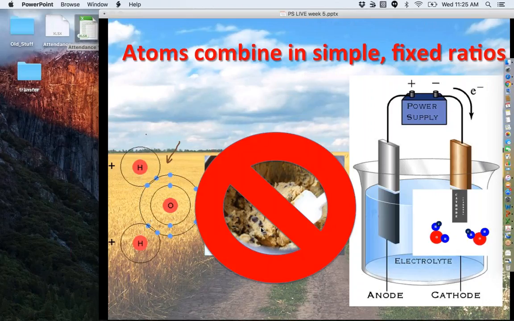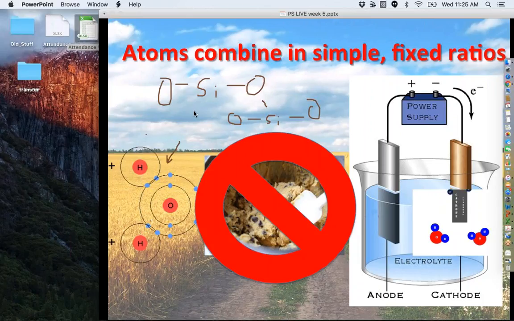And so rather than cookie dough, where you can simply add or subtract chocolate chips and it doesn't really matter that you have an exact ratio, atoms combine into molecules in simple fixed ratios. So for example, silicon dioxide, glass, or quartz, which we looked at before, is always 1 silicon atom and then 2 oxygen atoms, and then those are connected to another silicon atom, and then 2 more oxygen atoms.